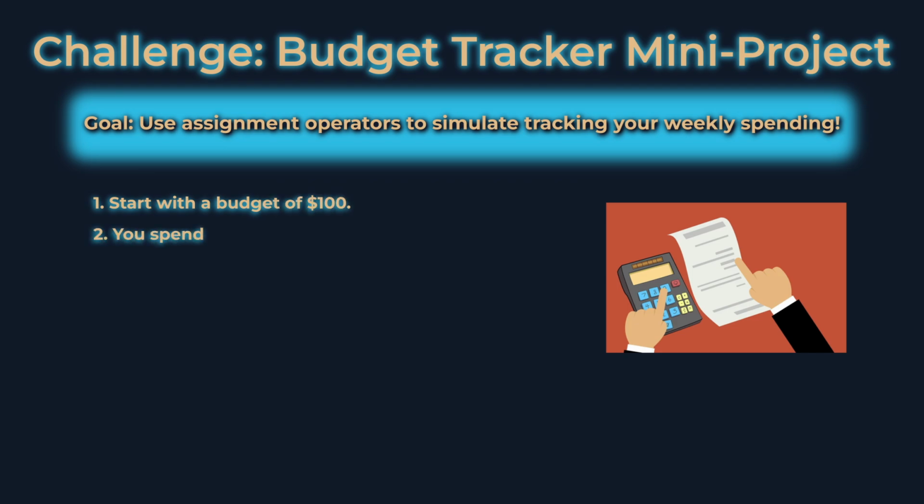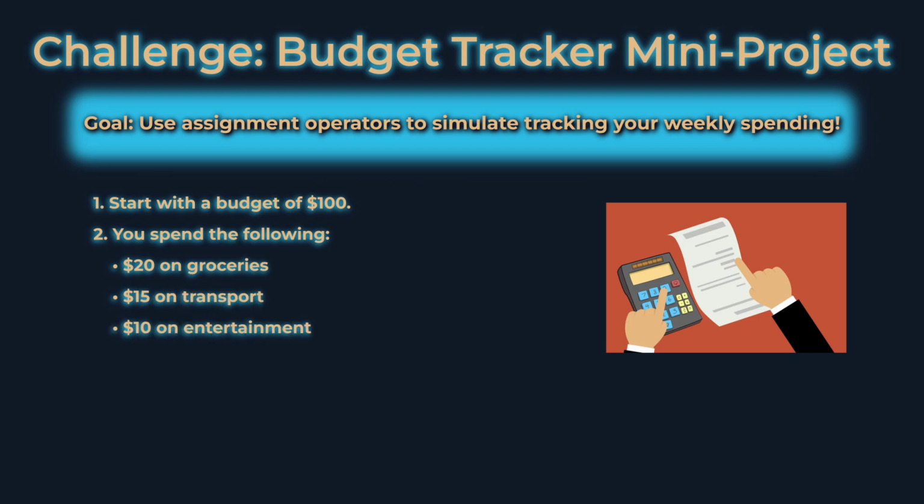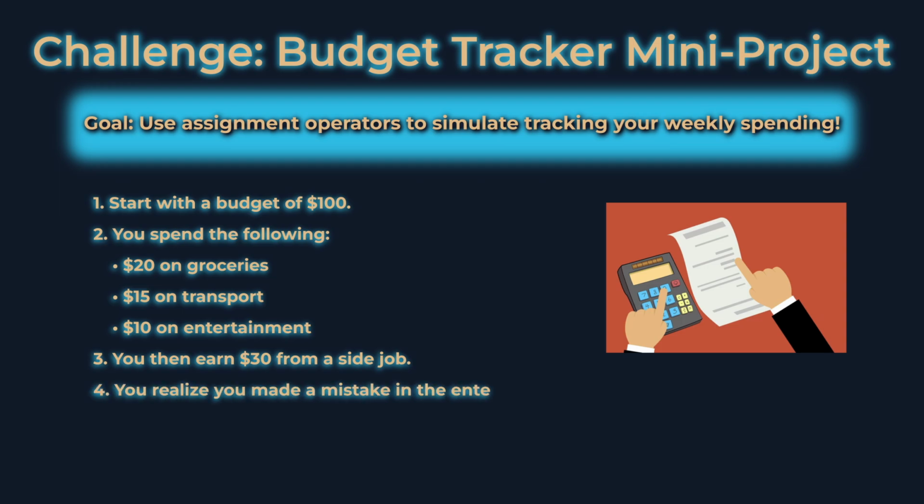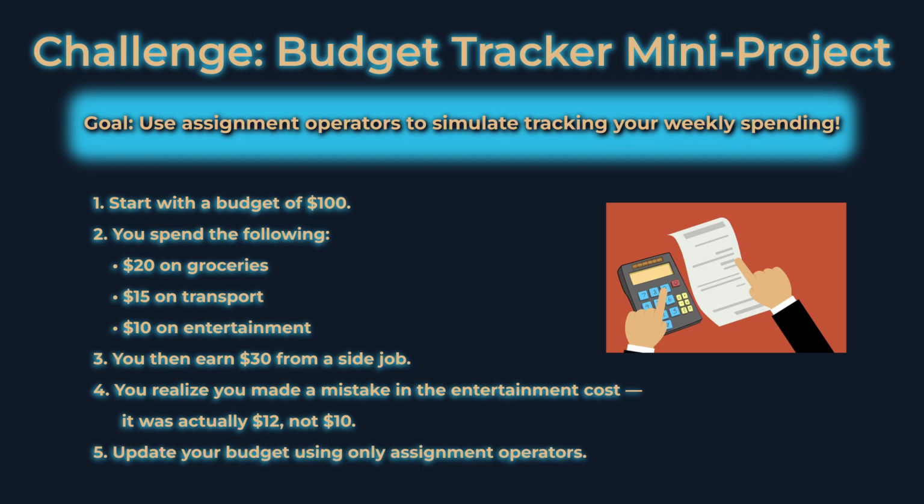Then you spend the following: $20 on groceries, $15 on transport, and $10 on entertainment. You then earn $30 from a side job. After that, you realize you made a mistake in the entertainment cost. It was actually $12, not $10. And please update your budget using only assignment operators.